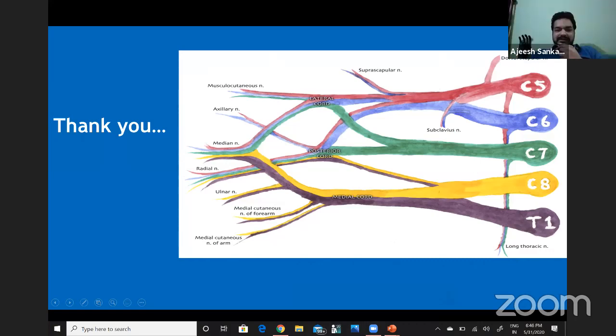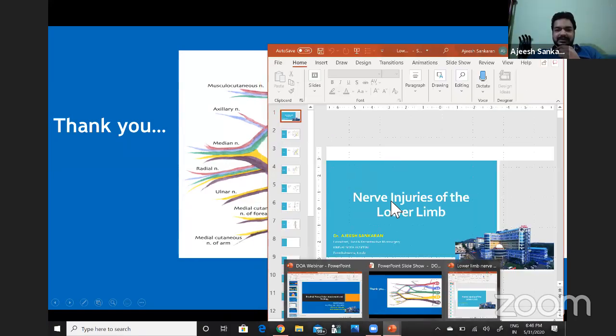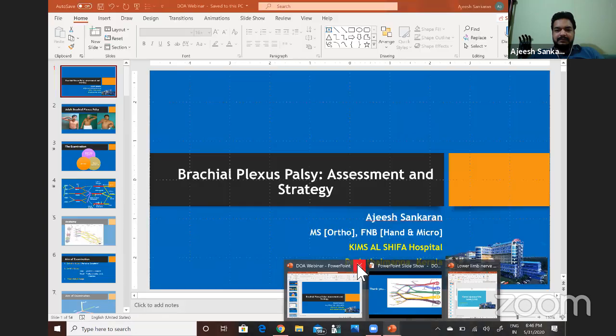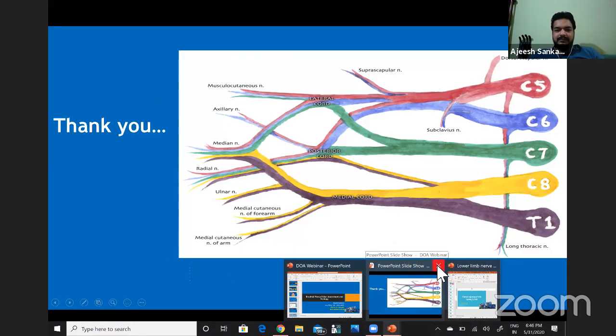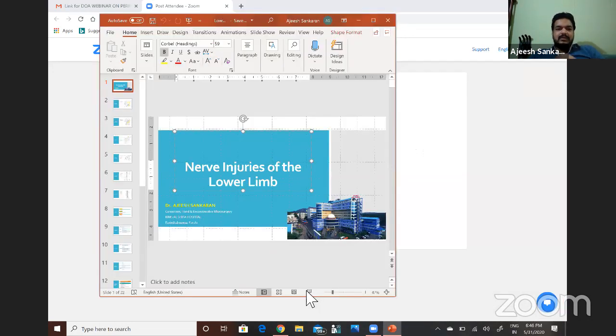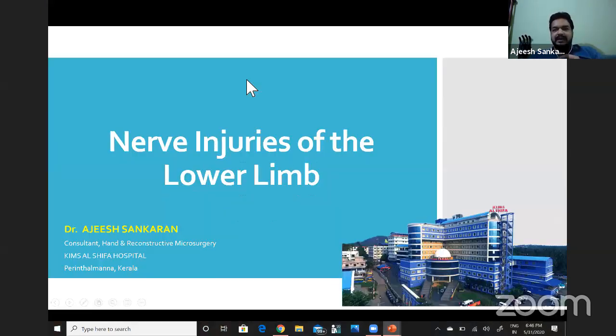Okay, so the next one is actually on nerve injuries of the lower limb. These are, I think, somewhat more uncommon cases to find in an exam, but again it is the nerve injury of the lower limb.